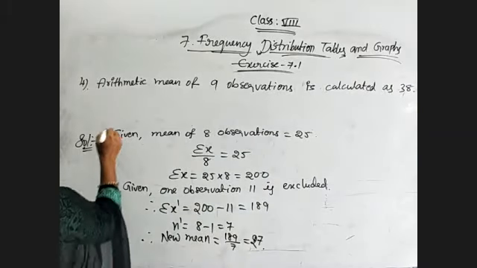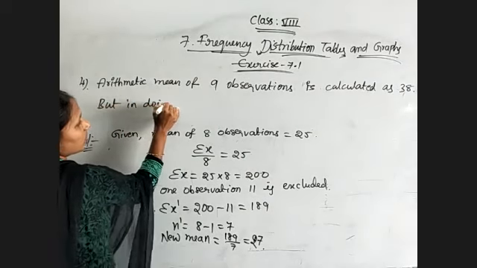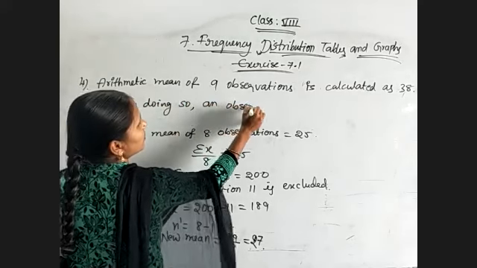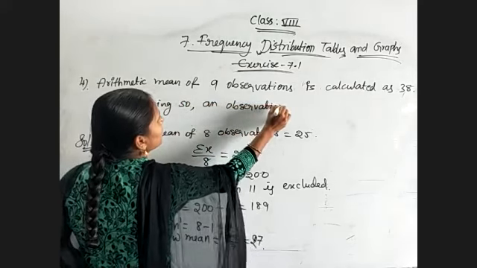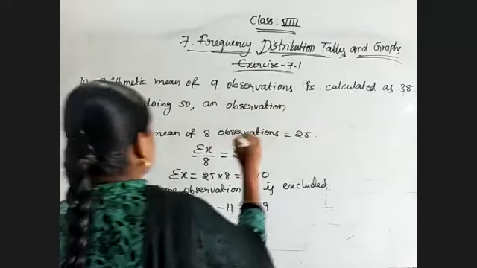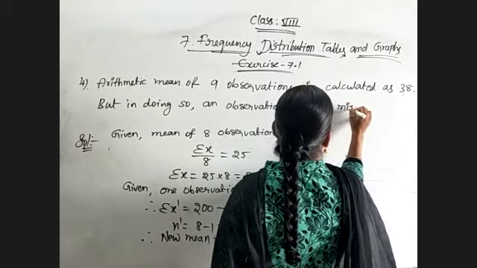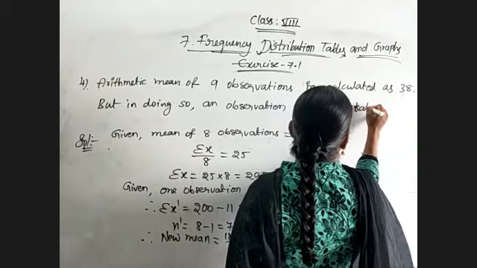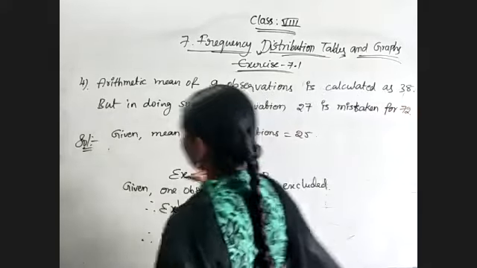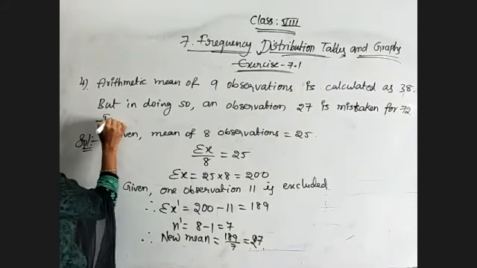But in doing so, an observation 27 is mistaken for 72. Find the actual mean of the data.